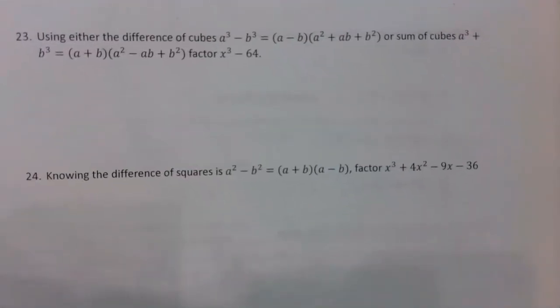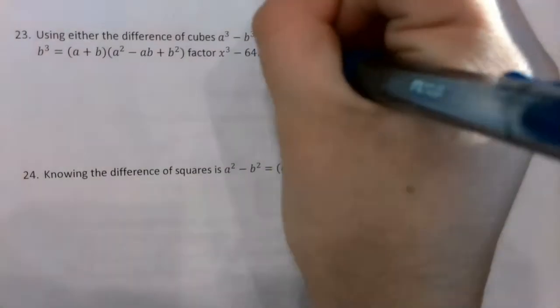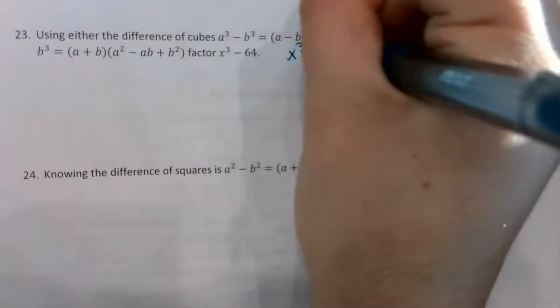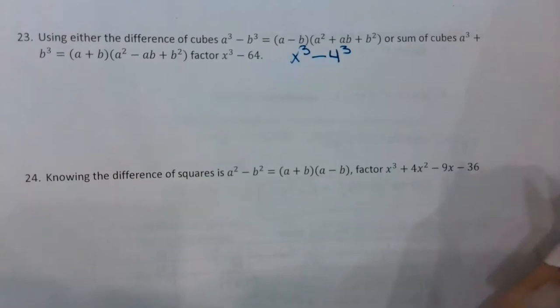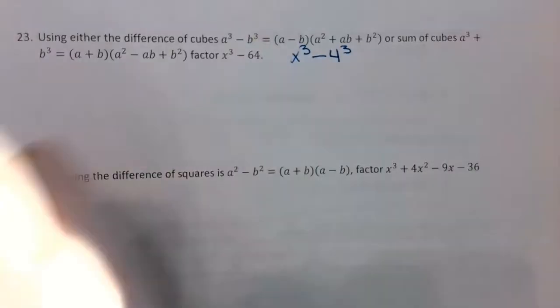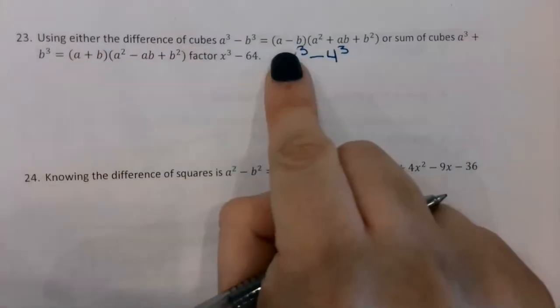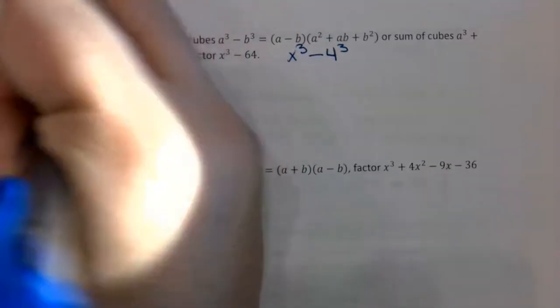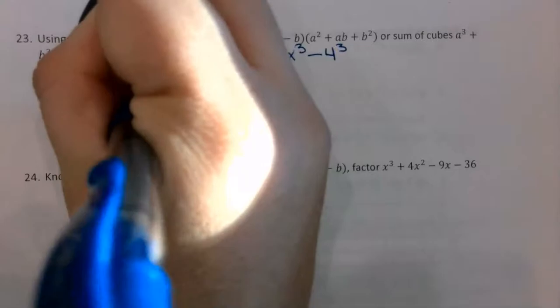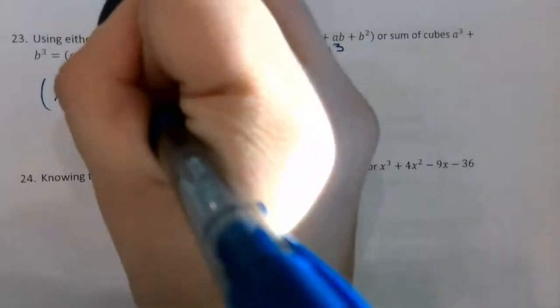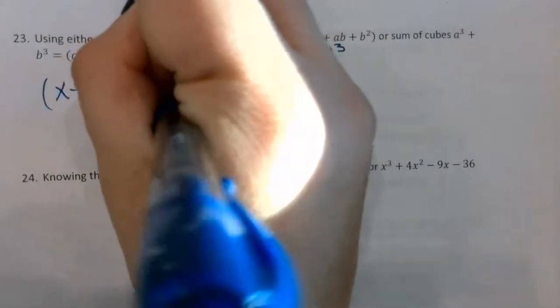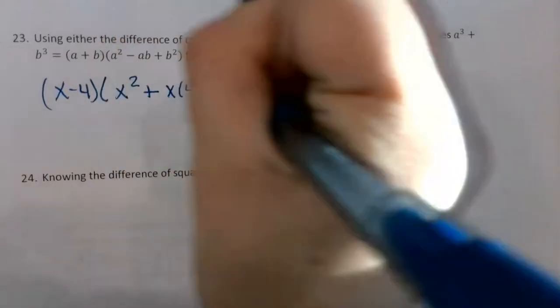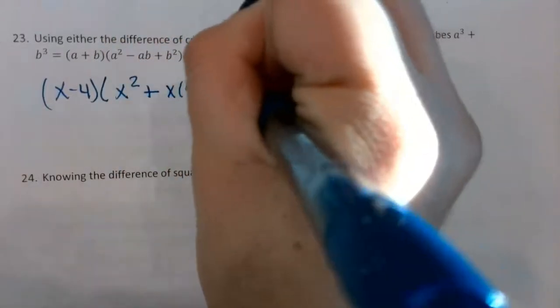This one wants me to use the difference of cubes to factor x cubed minus 64. The cube root of 64 is 4. I can plug this in. This one's going to go into the difference of cubes. So it's going to be x minus 4 times x squared plus x times 4 plus 4 squared.